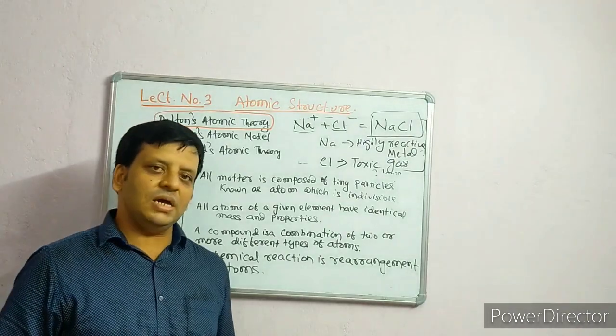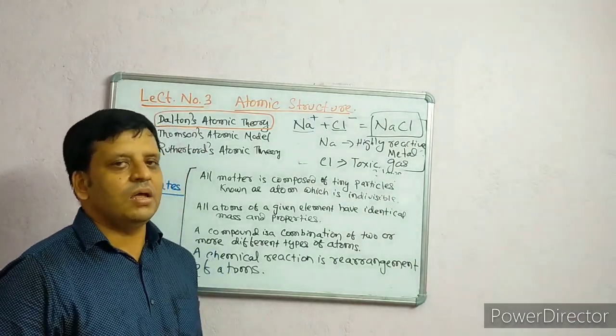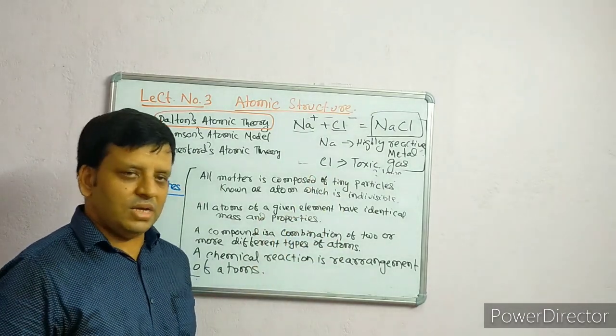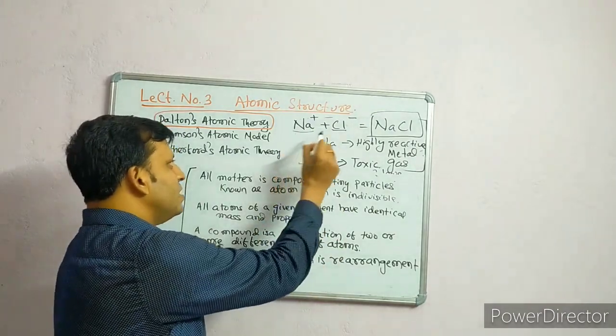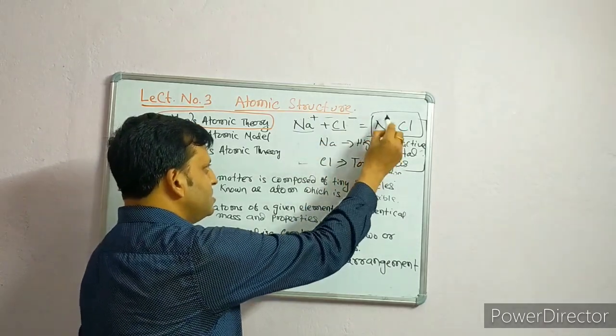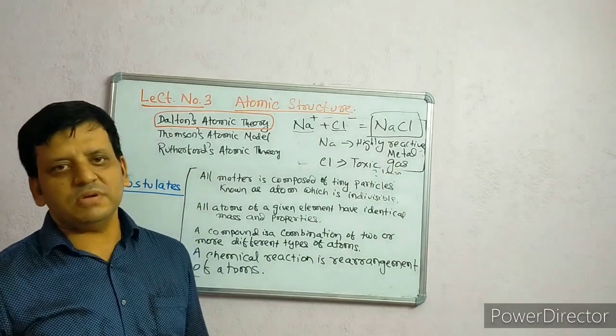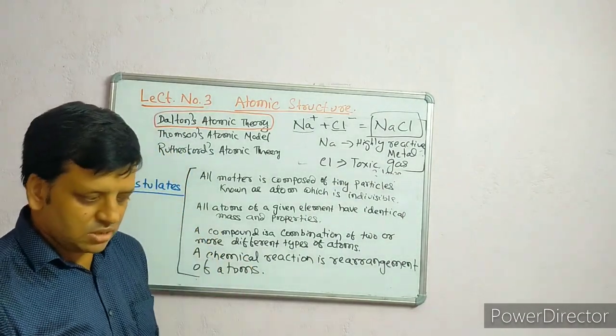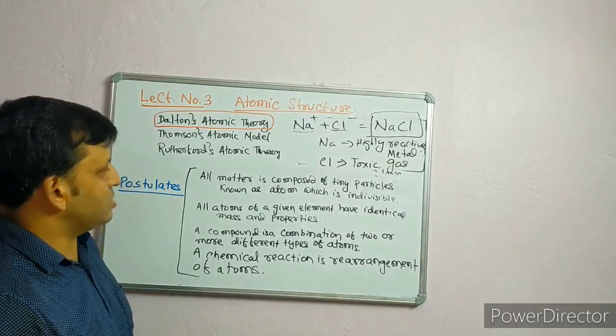So this indicates that atoms cannot be created nor destroyed, because no atom is created or destroyed. That is why both the elements are still present after the reaction is completed. So these are the postulates of Dalton's atomic theory.